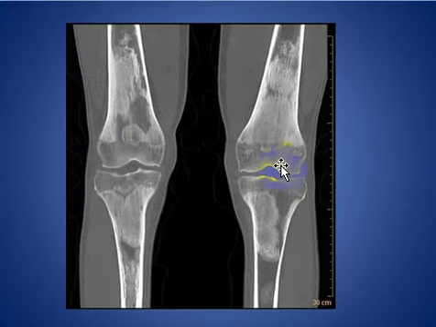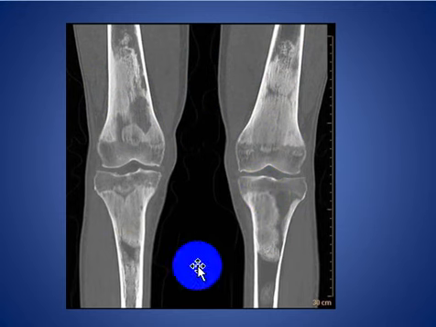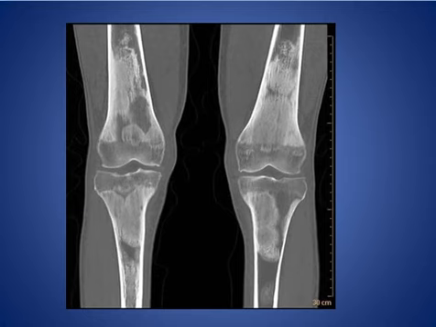Here we see a coronal image of both knees together, and we see bilateral increased density of the distal femoral diaphysis and upper tibial metadiaphysis, almost more or less symmetrical. And there are a lot of differential diagnoses, and the case is here.